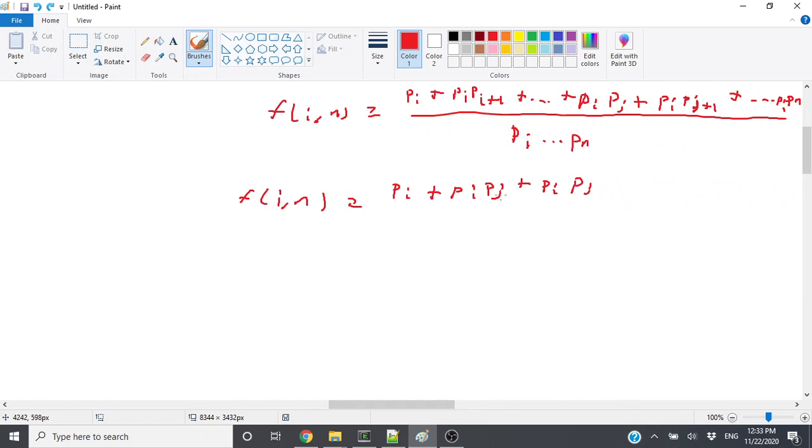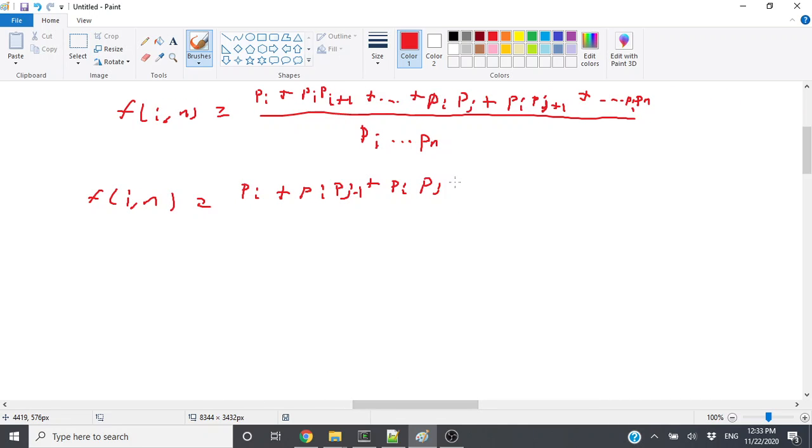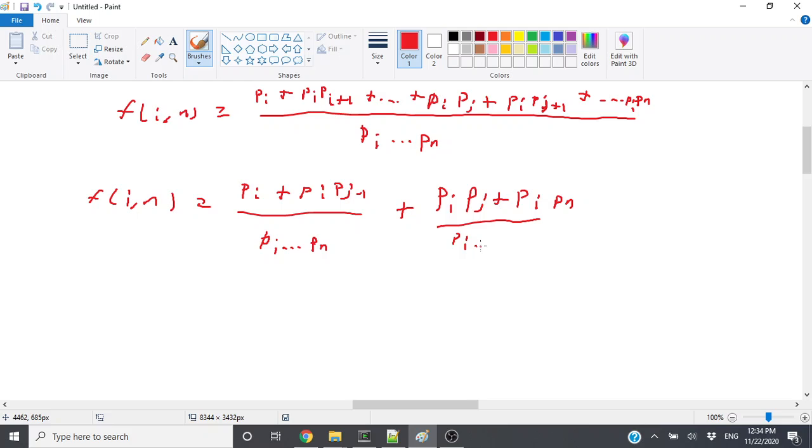So this would be j minus 1. Whoops. And then dot dot dots excluded, minus 1 over pi dot dot dot pn. Plus, etc., pi to pj plus pi to pn over pi dot dot dot pn.